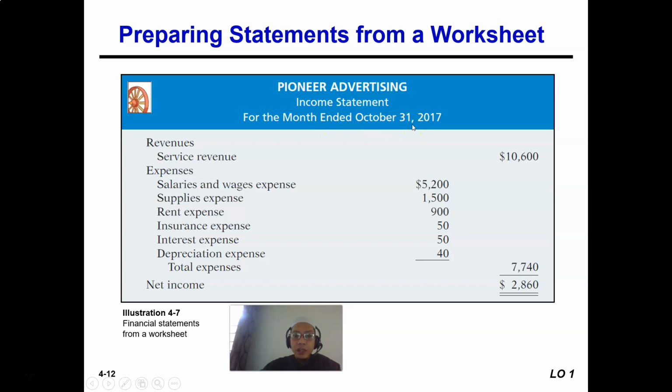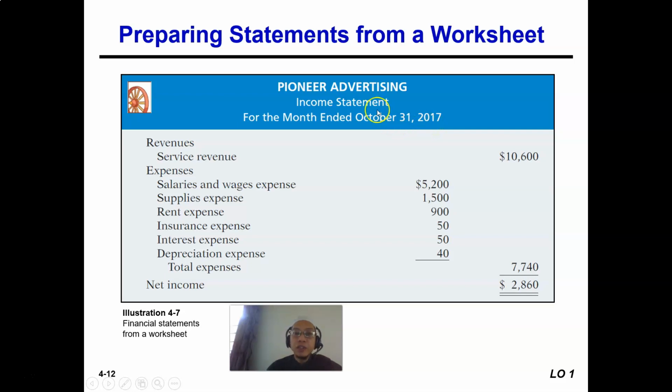If we are preparing a yearly income statement, and the fiscal year ends on October 31st, 2017, then we should state it as income statement for the year ended October 31st, 2017.